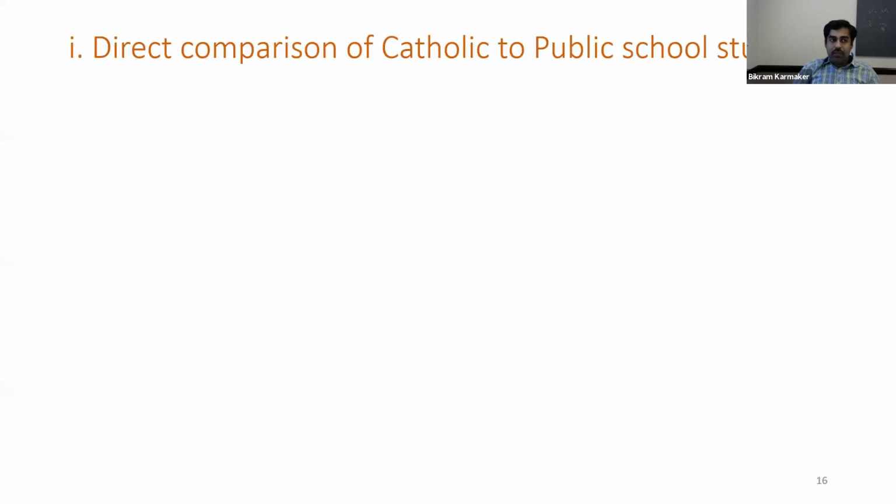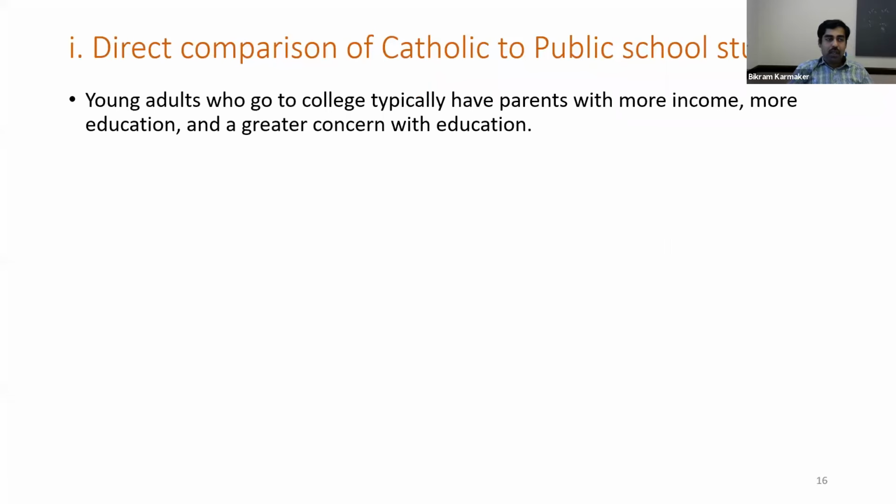So the first comparison is the direct comparison of Catholic to public school students. Now, what could happen? Young adults who go to college typically have parents with more income, more education, and a greater concern with education.